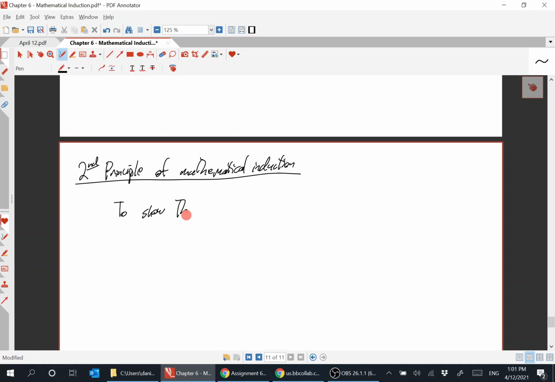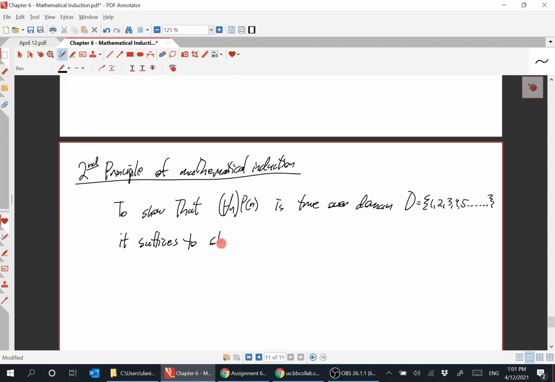To show that for all n, P of n is true over domain D, which, as before, is a set of consecutive integers with the smallest starting point, it suffices to show that 1, P of 1 is true.